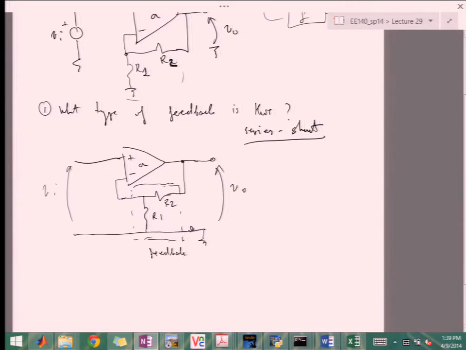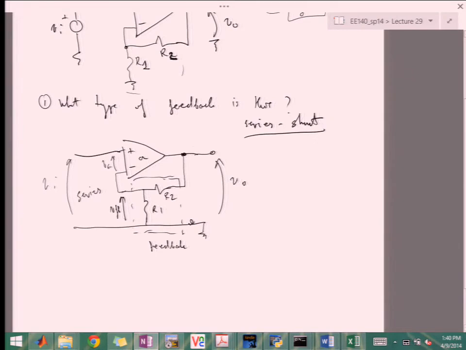So this box is the feedback path, and as you see, the feedback voltage is in series with the error voltage and forms the V input, right? So this is clearly a series connection. And then at the output, we're shunting the output. If feedback was killed here, then I would also be killing the variable I'm sensing, which is V out. So since I'm measuring V out and feeding it back, this here is a shunt connection, right?